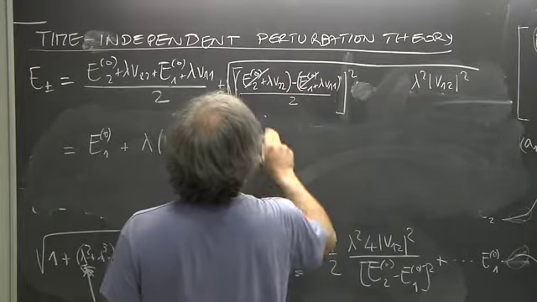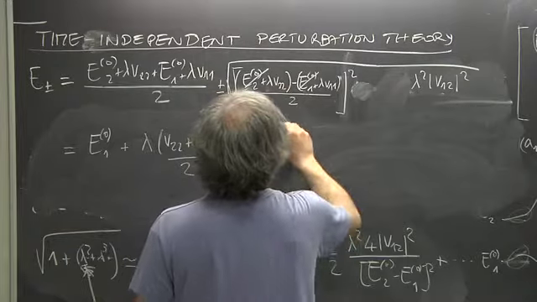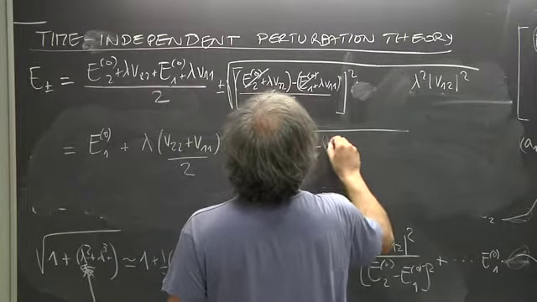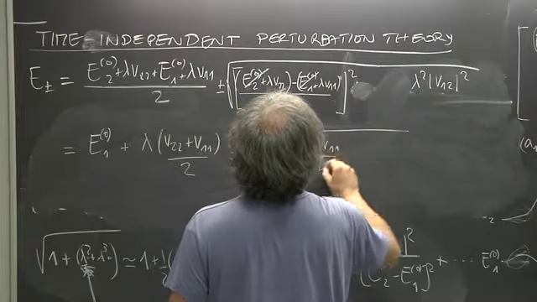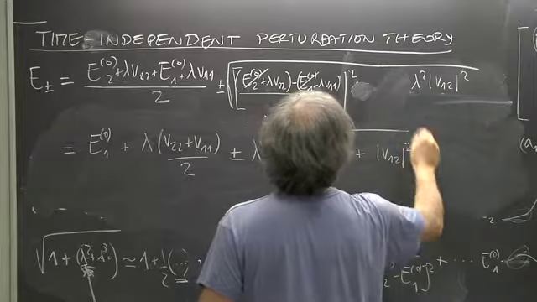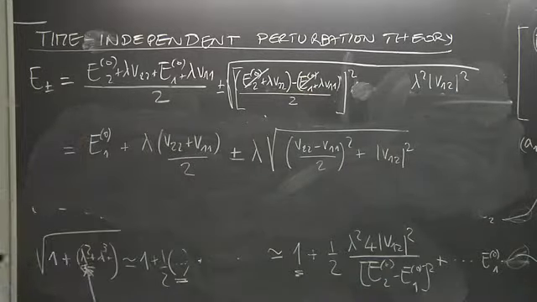So this is lambda times the square root of ((V22 minus V11) over 2) squared plus V12 squared. So this is still exact now. I haven't expanded anything, and you see that there is no need to expand anything.